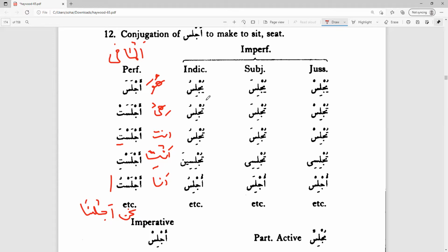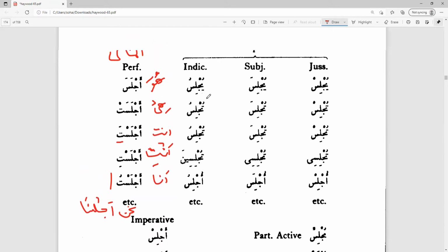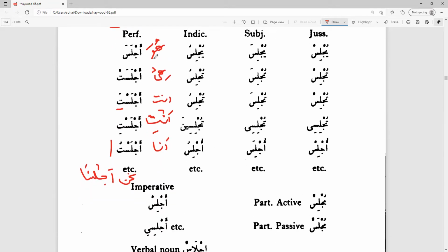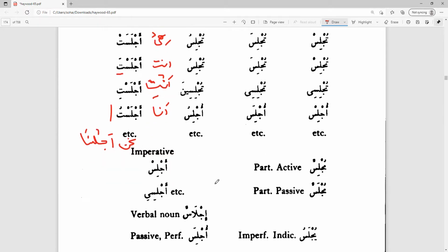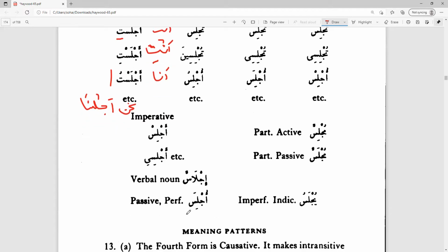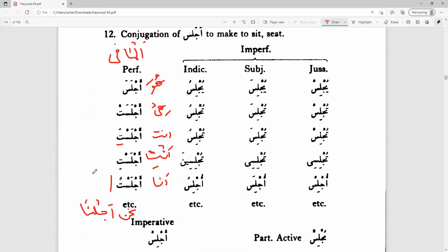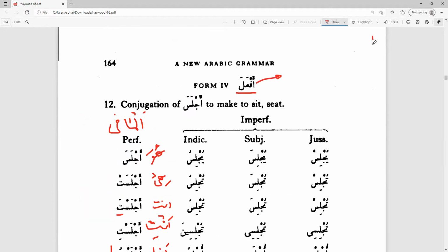And if you make it past tense, if you make it majhul, it's going to be ana ujlistu. It's going to be similar.